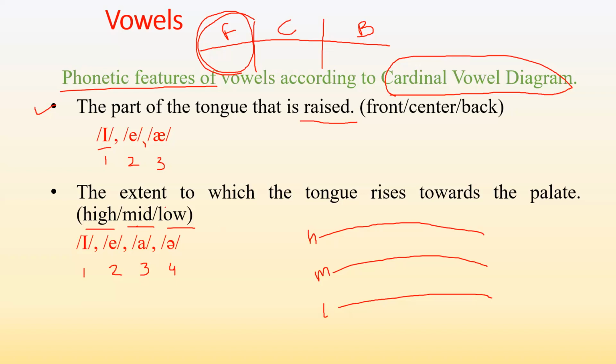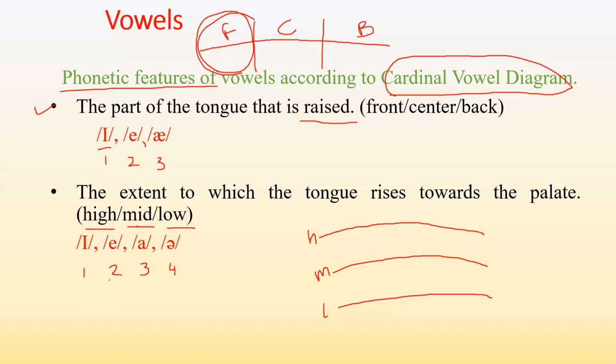And what about the second vowel? A. Two and three, what are they? Mid vowels. A is mid, correct.